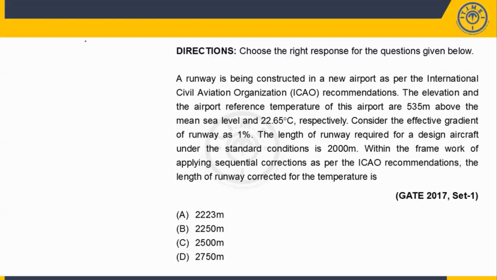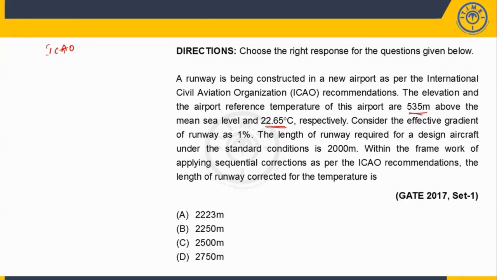First, as per ICAO, International Civil Aviation Organization. IRC, Indian Roads Congress, is for highways. For airports, it is not Indian, it is international. The elevation and airport reference temperature of the airport: elevation is 535 meter, airport reference temperature is 22.65 degrees centigrade.